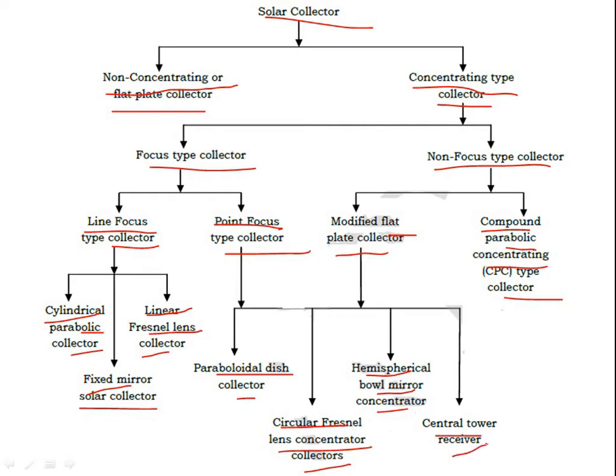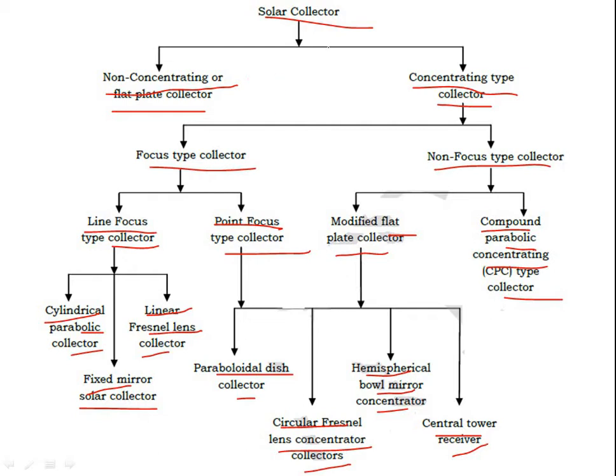So a solar collector is a device to collect and absorb solar radiation and to transfer the absorbed heat energy to the fluid in contact or passing through it. There are mainly two types of solar collectors: non-concentrating or flat plate collector and concentrating collector, as shown in this figure.